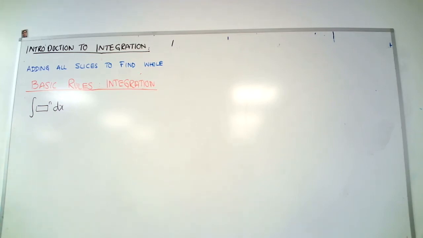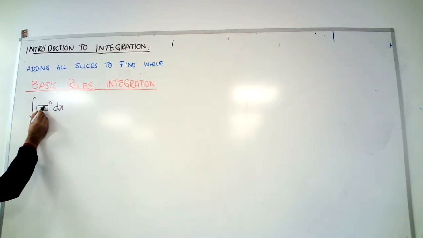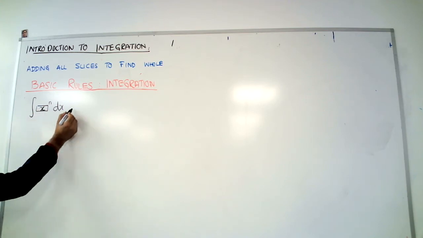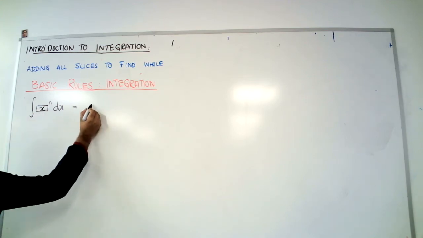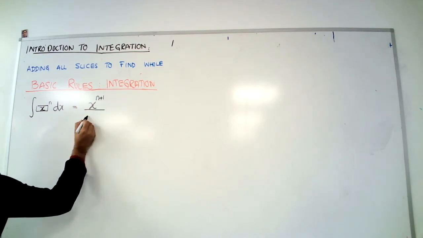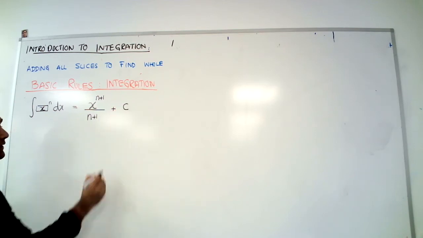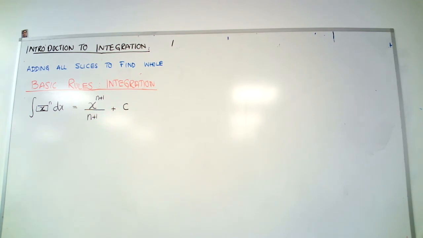That can be x or y or whatever. Because there is an x, so that has to be x. So I put the x in the box. The way it works is, it will become x to the n plus 1 divided by n plus 1, plus a constant of integration. The constant of integration will appear.